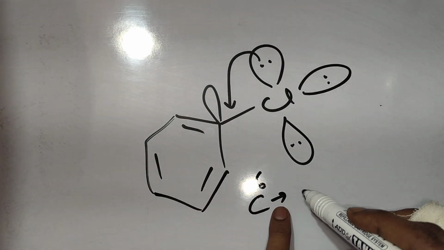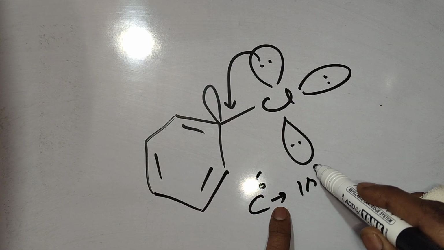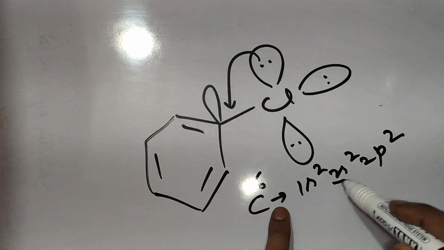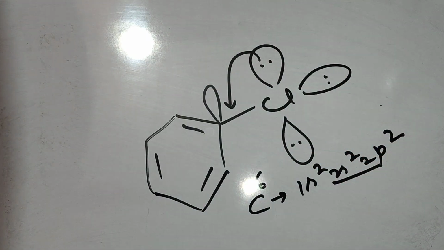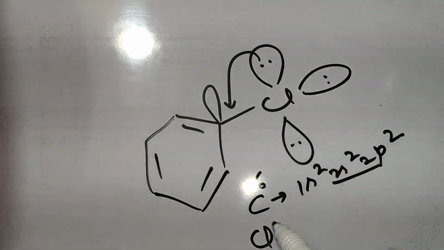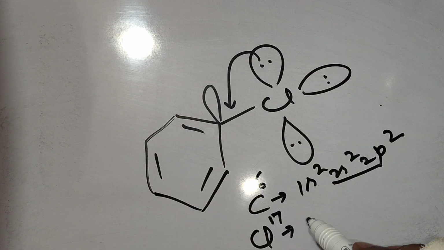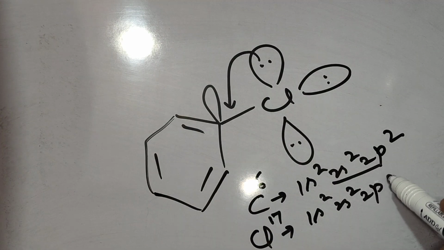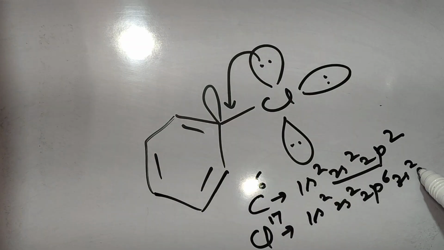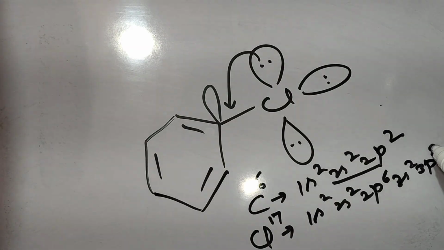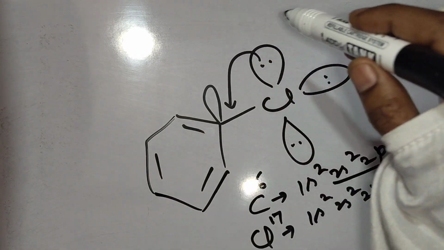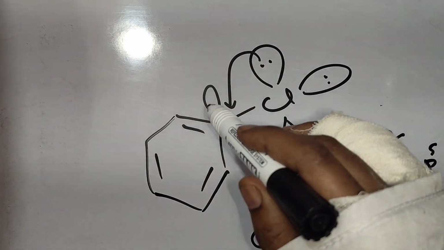When you do its electronic configuration, you will find 1s2, 2s2, 2p2. It is using the second shell. Chlorine atomic number 17. Do its electronic configuration: 1s2, 2s2, 2p6, 3s2, 3p5. It is using the third energy level, which means the chlorine orbital is bigger as compared to the carbon orbital.